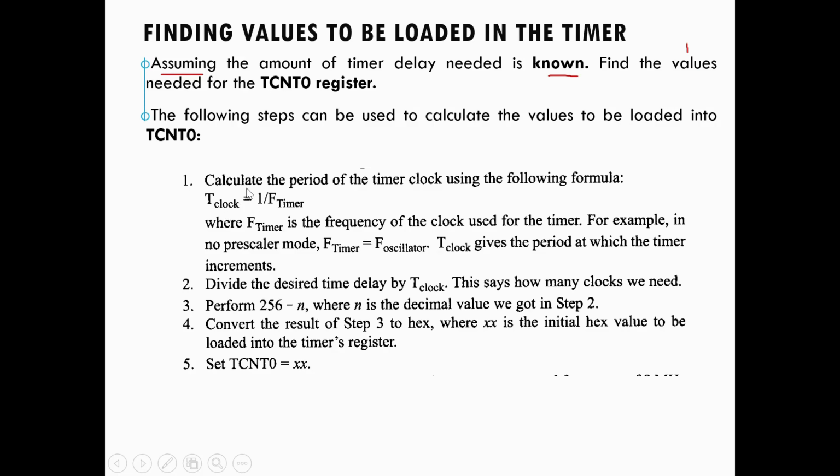Firstly, we identify how much is the T. How much is the T? 1 equal to F, and then we divide the desired time delay by the clock, and then we perform 256 minus n. Okay, 256 is in decimal values.